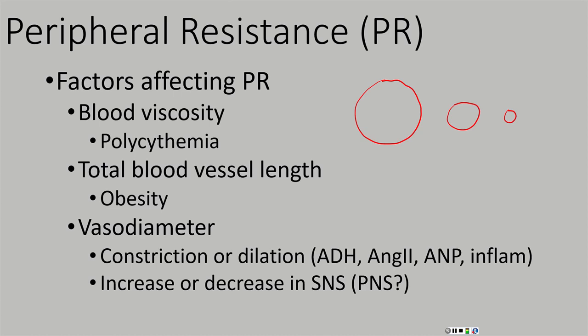When SNS is up, we get vasoconstriction. When SNS is down, we get vasodilation. Nothing to do with the parasympathetic nervous system here at all. This is all sympathetic. Sympathetic causes vasoconstriction, and peripheral resistance increases. Deactivating the SNS causes vasodilation, and we get a drop in peripheral resistance.